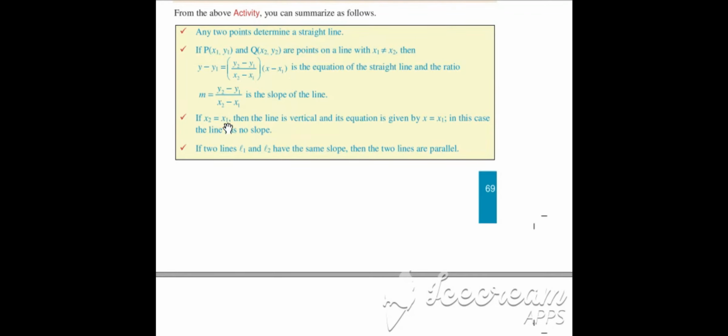If x1 is equal to x2, in points P and Q, then the line that passes through P and Q is a vertical line.